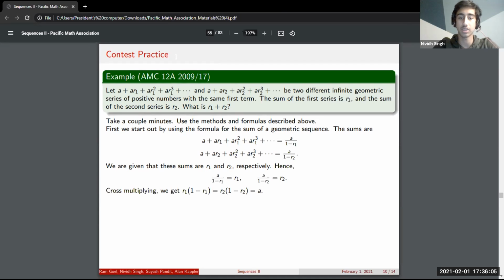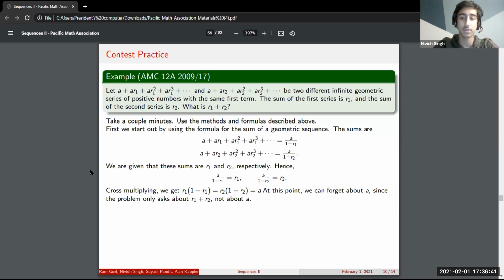For both of these equations, if we cross multiply, we get a is equal to r1 minus r1 squared, which is the same thing as r1 times (1 minus r1), and that's equal to r2 times (1 minus r2). We get this by multiplying the first equation by 1 minus r1 and the second equation by 1 minus r2. And since they both are equal to a, we can set both of these equal to each other.